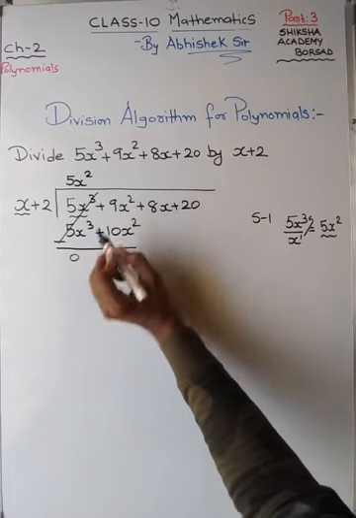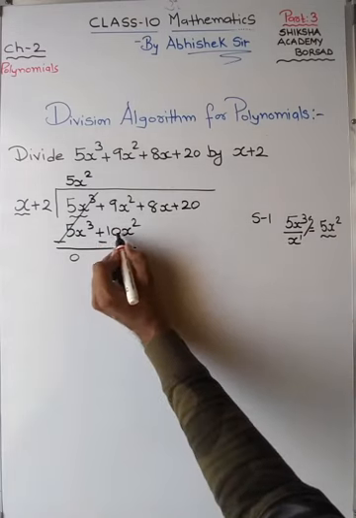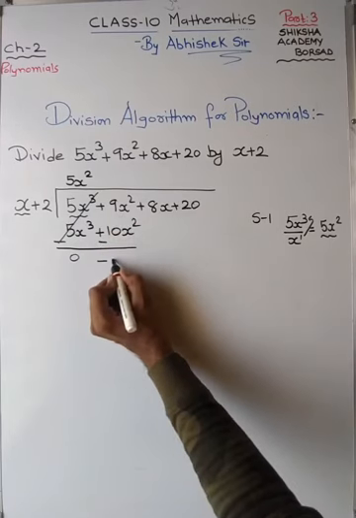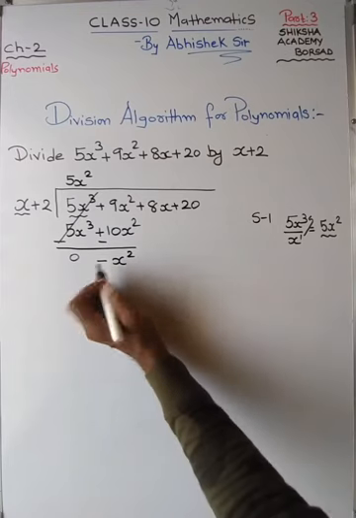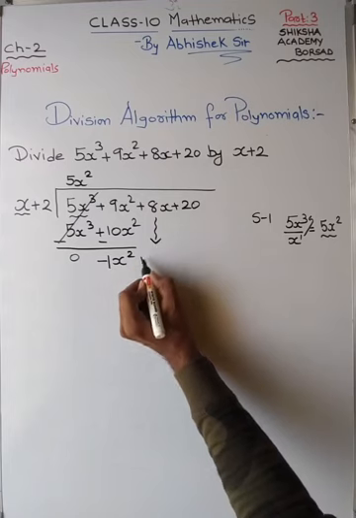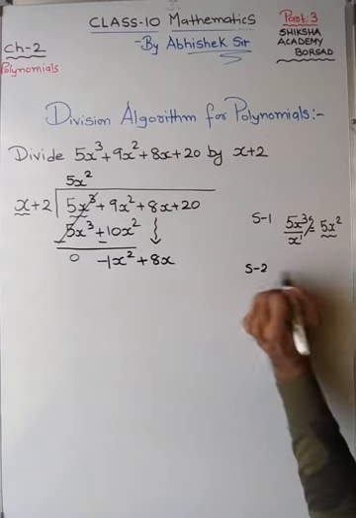Plus 9x square minus 10x square, sign has changed, so 10x square becomes minus. So 9x square minus 10x square gives minus 1x square. 1 we are not writing, so consider this as 1 only. Next term will be repeated, 8x.